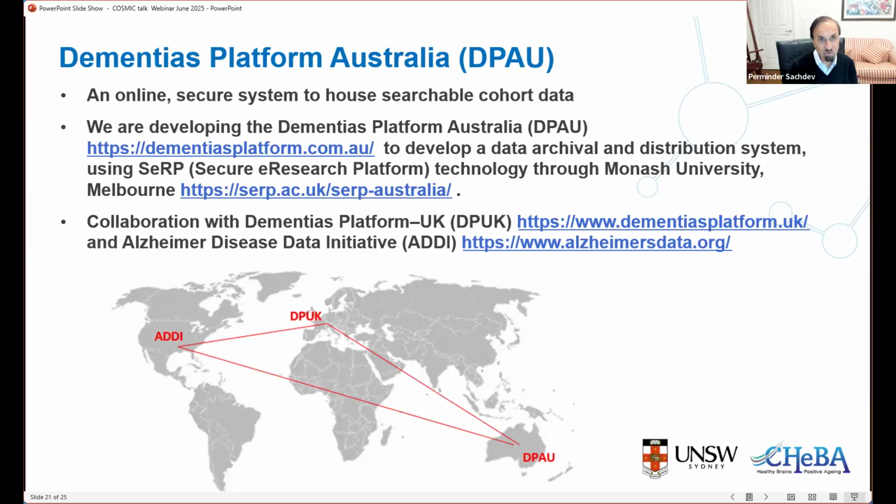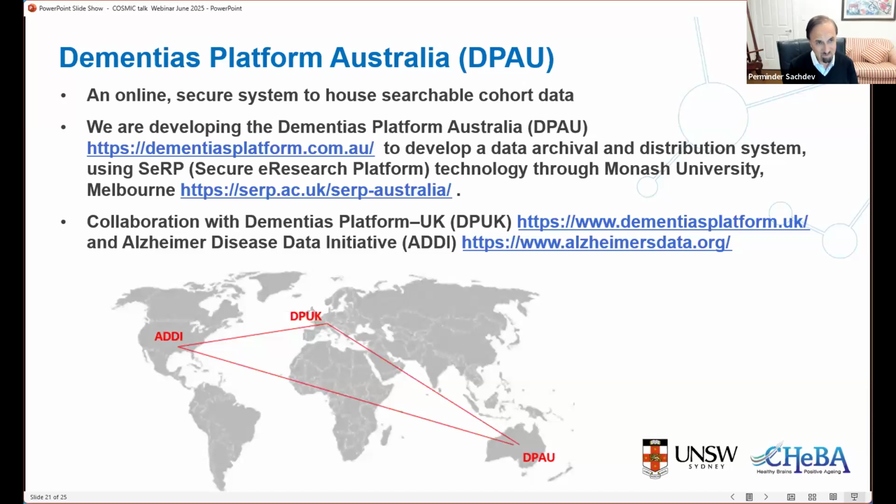It's an online secure platform, and this has been developed in collaboration with the Dementias Platform UK in particular. But we also have a collaboration with the Alzheimer's Disease Data Initiative, which is the US-based platform. And we think that these three platforms should be able to actually have the majority of the international data related to dementia epidemiology.